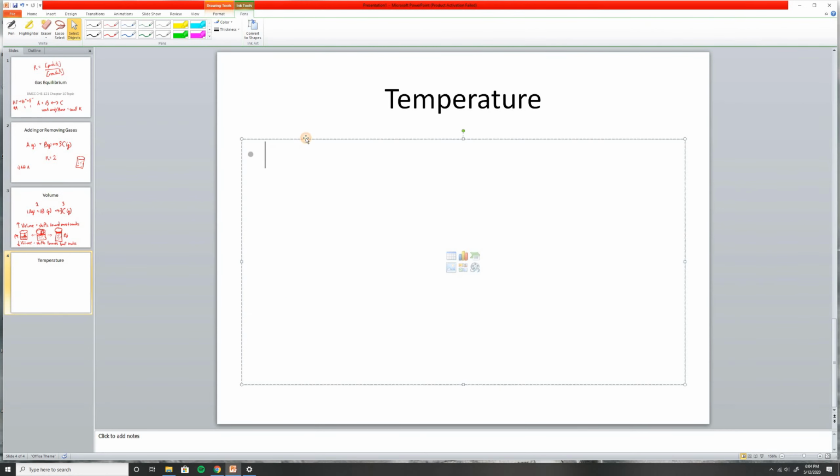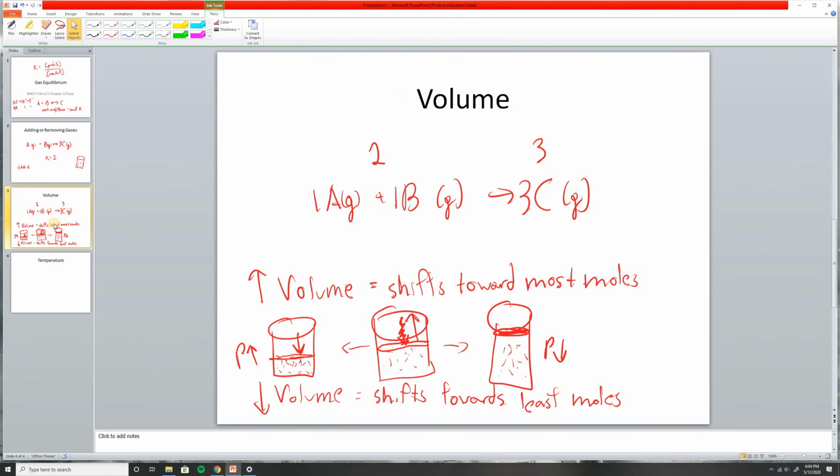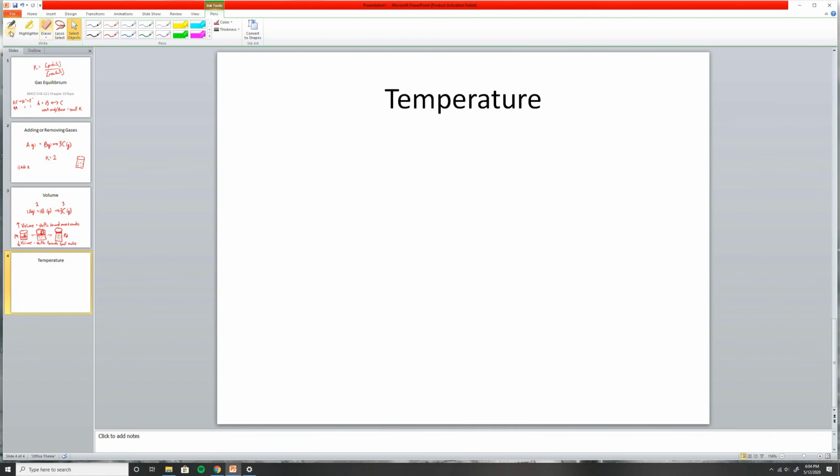Now for temperature, it's very similar. Let's look at this example. So for temperature, if you increase the temperature, what's going to happen? It increases the pressure. So increase in temperature equals increase in pressure because you're going to have more collisions with the container, right?